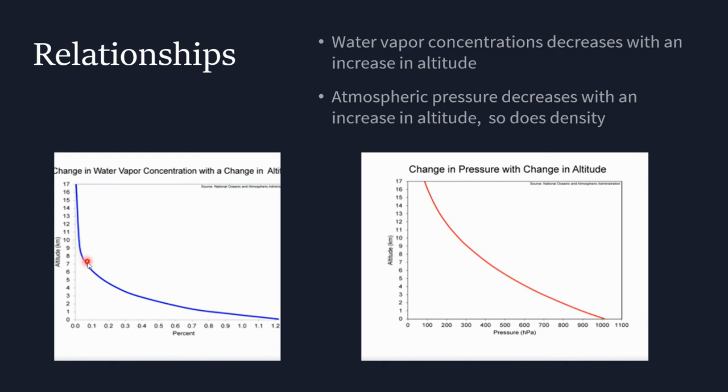When the altitude is nearing zero, you can see the percentage of water vapor is actually increasing. So the idea is, the lower the altitude is, the higher the water vapor will be. The higher the altitude, the water vapor will be comparatively less.